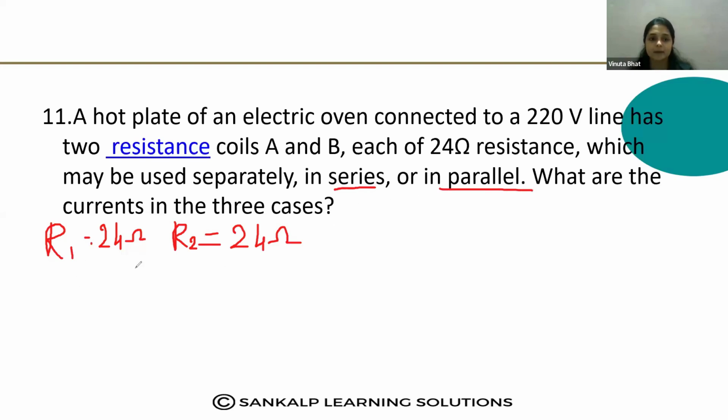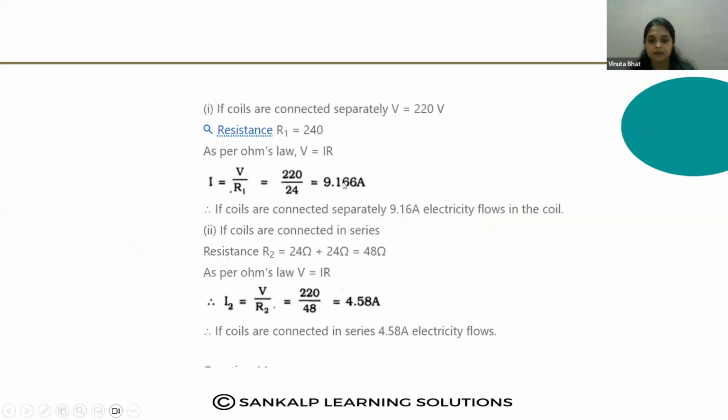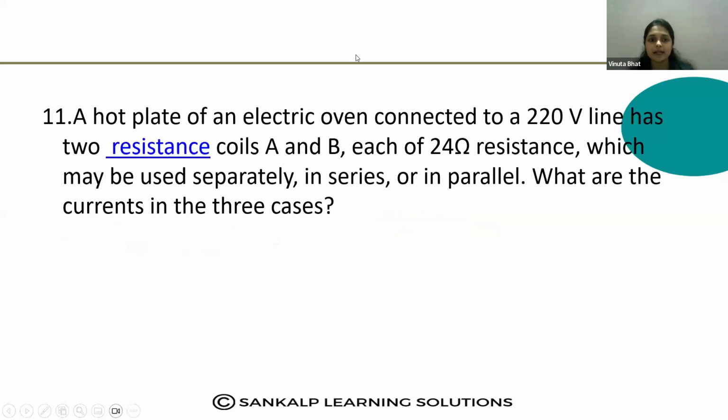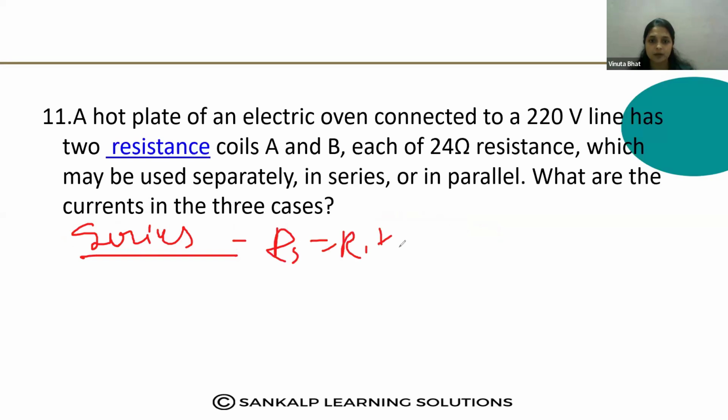So here, what is the voltage? That is 220 volt. Okay. So now I will clear this data. This you should write. Here, when they are connected in series, please write the formula. Rs is equal to R1 plus R2, that is equal to 24 ohm plus 24 ohm, that is equal to 48 ohm.